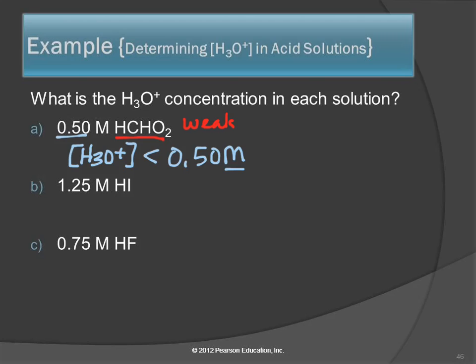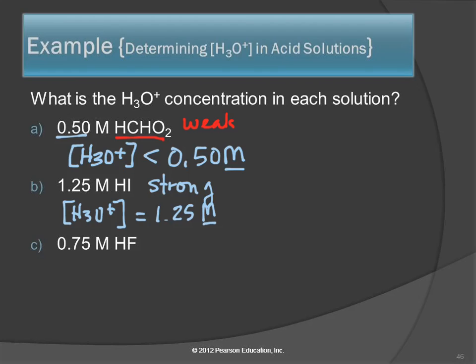Okay, so what about HI? Is HI a strong acid? Yes, it is. HI is a strong acid. So then the hydronium ion concentration is equal to the concentration, 1.25 molar, because all of the HI ionizes.